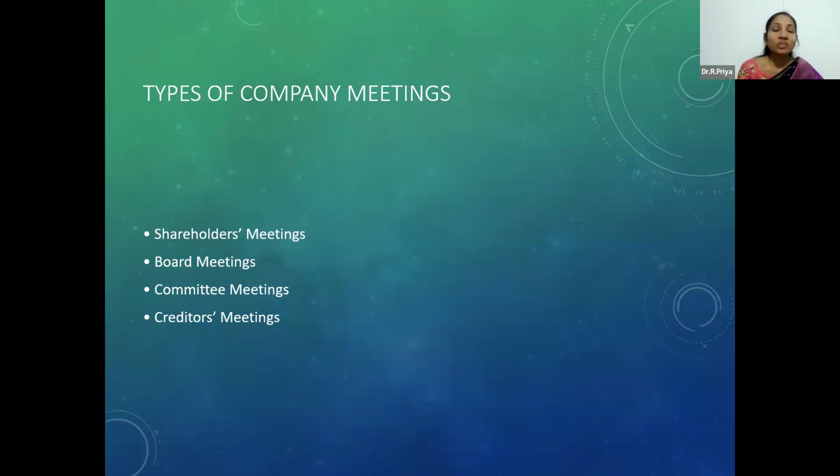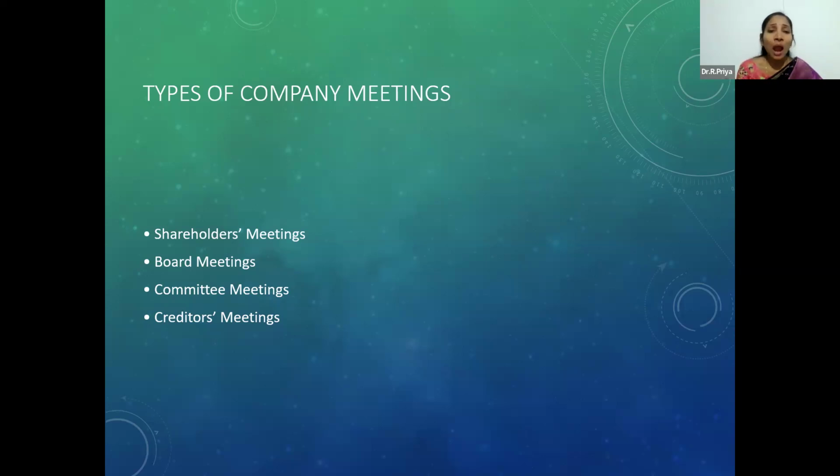The key features of the shareholders meeting include the annual general meeting and the extraordinary general meeting. Statutorily, it is governed by the Companies Act 2013 and Secretarial Standard 2.